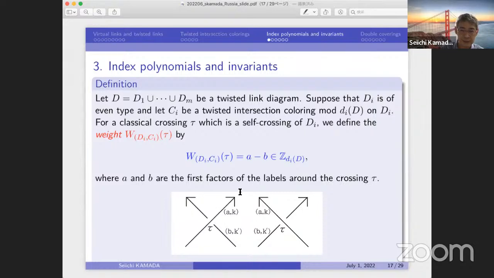So if tau is this crossing and the labels are a, k and b, k prime, then a minus b. The second factor we don't take care of, only the first factor. This is the weight.